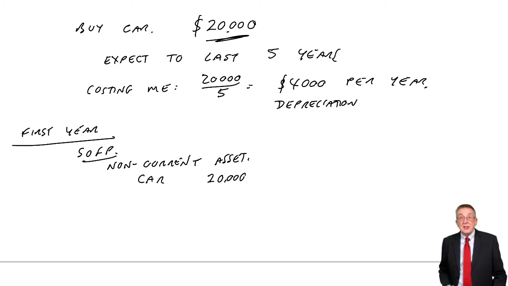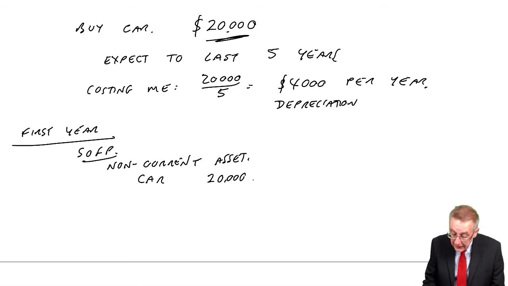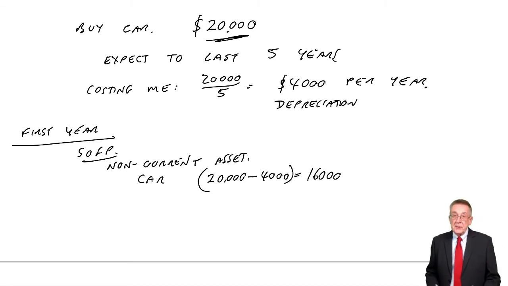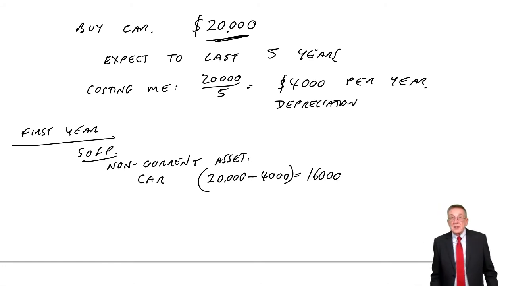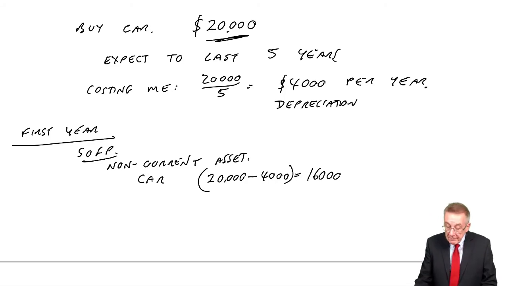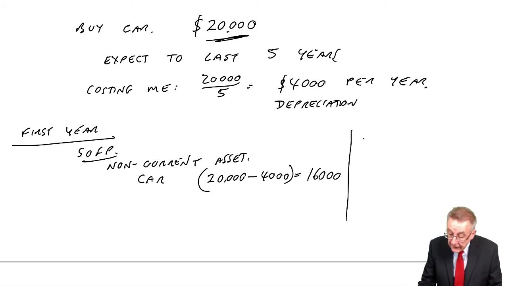And I've already said it's costing me 4,000 a year to use it. And so I'll actually show it as only worth 16,000. It's not worth 20,000 anymore. I've had it for a year. I'll show it as worth 16. And also on the statement of profit or loss as an expense.